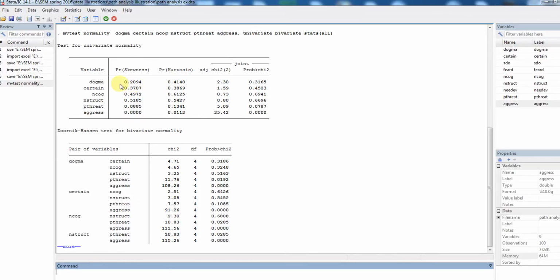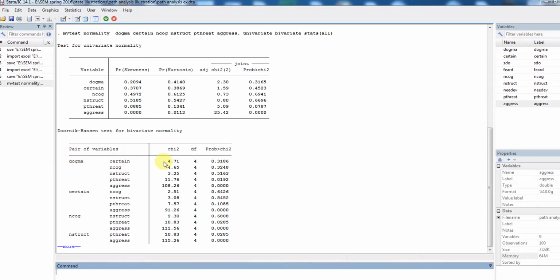You can see that for dogma, these p-values are greater than 0.05. Same for certain, incog, instructure, perceived threat. But then we have aggressiveness here, and you can see that there's evidence of a lack of normality on that particular variable.